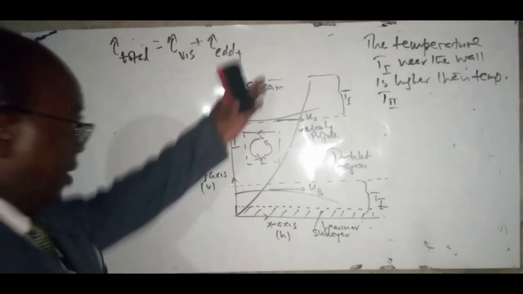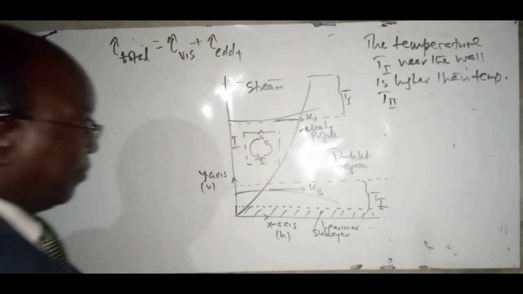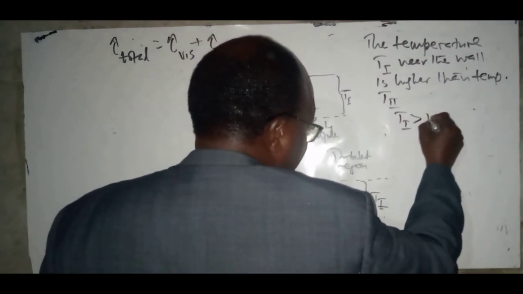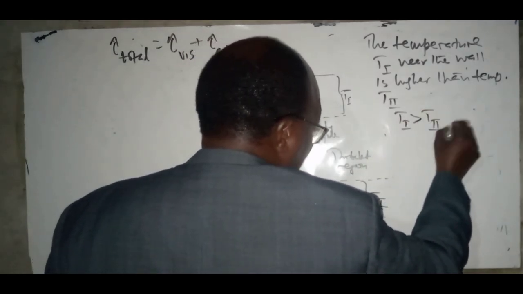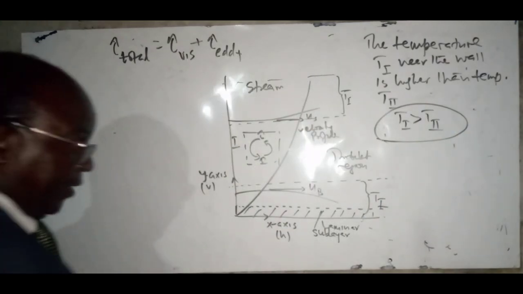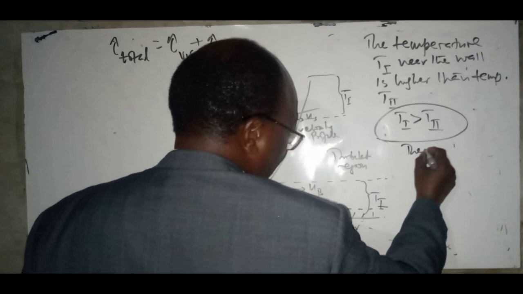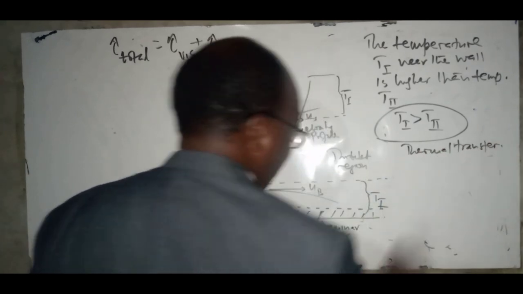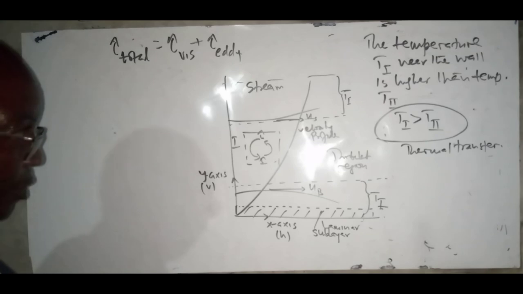It's above the boundary there. So what are we saying? T1 is greater than T2. So because of that temperature differential, there will be thermal transfer.